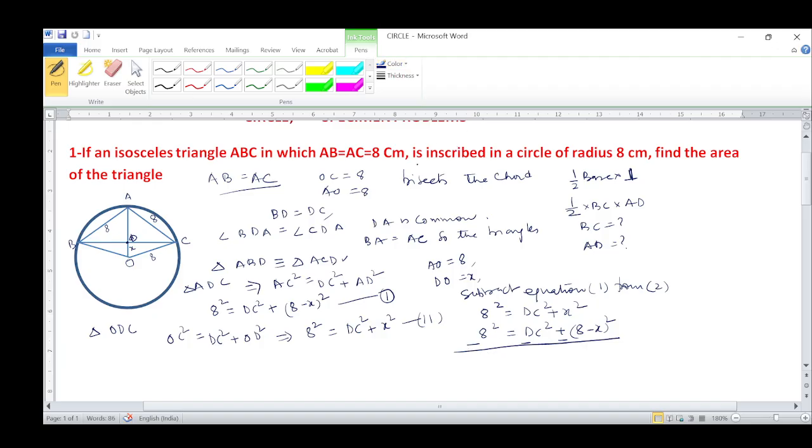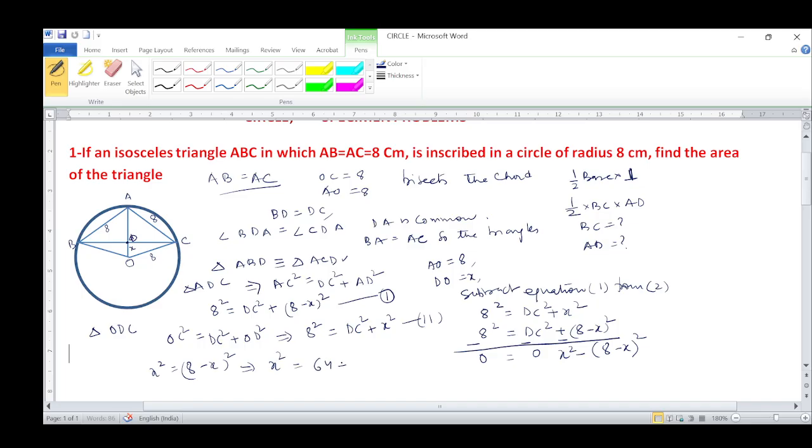So what will happen? This will become 0, this becomes 0, and this is x square minus 8 minus x whole square. Bring this x square this side. So x square is equal to 8 minus x whole square.